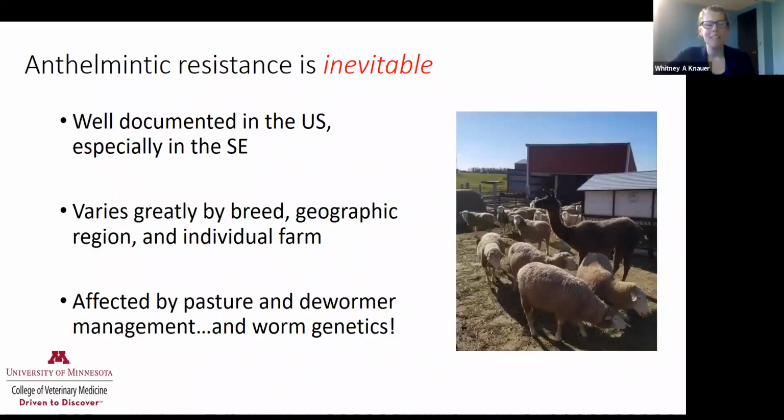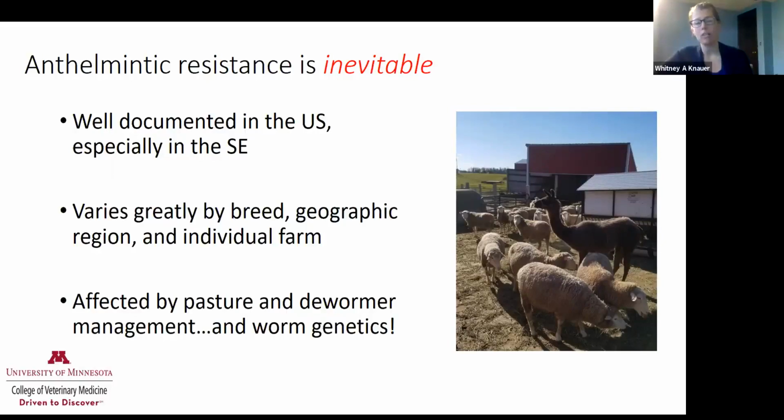Anthelmintic resistance is a challenge. It's inevitable. It's really well documented in warmer climates, especially in the Southeast and the Mid-Atlantic region. It certainly varies based on breed, geographic region, and farm management, what your animals are doing. And it's affected by your pasture and your dewormer management.